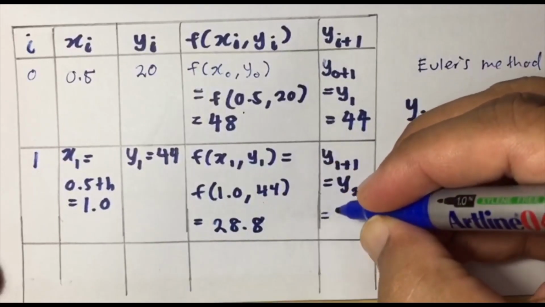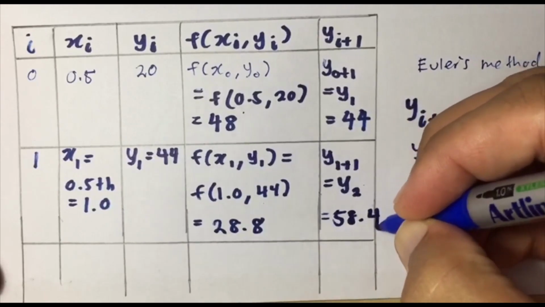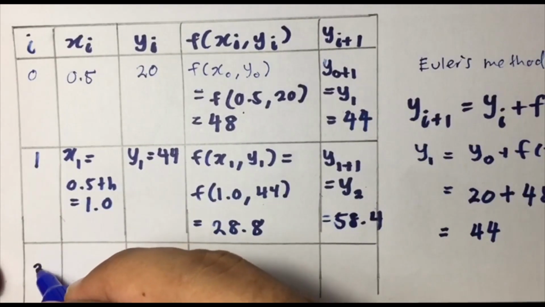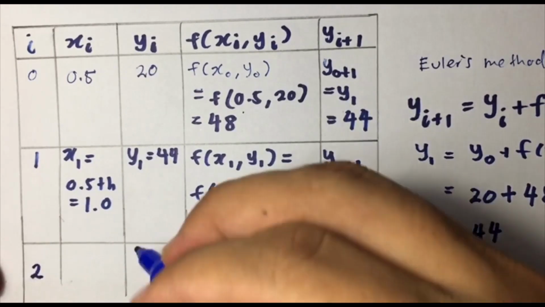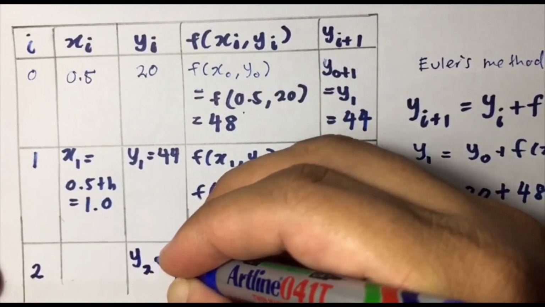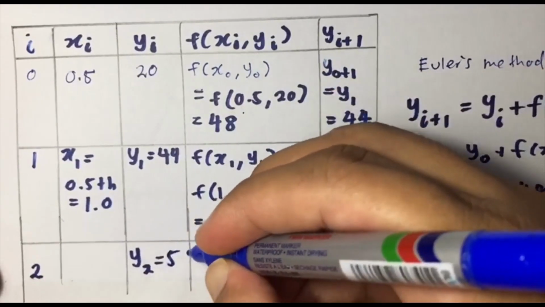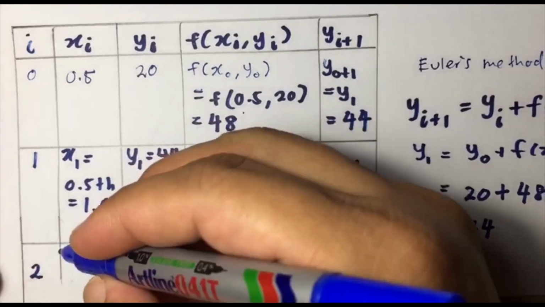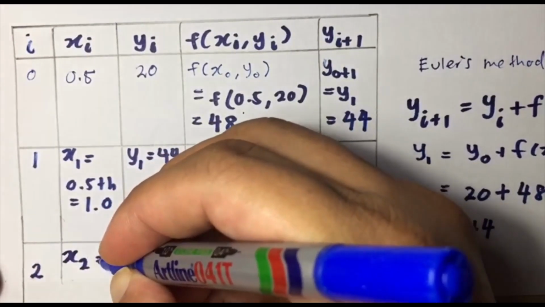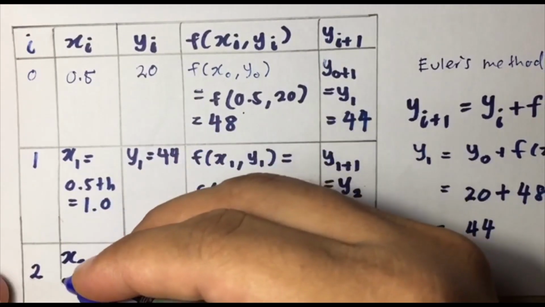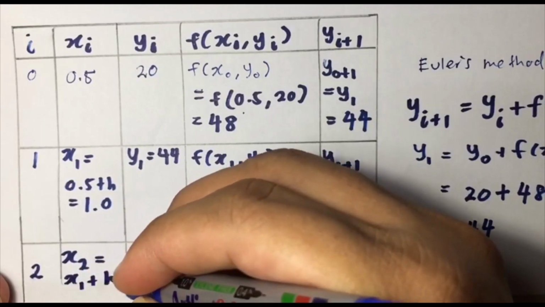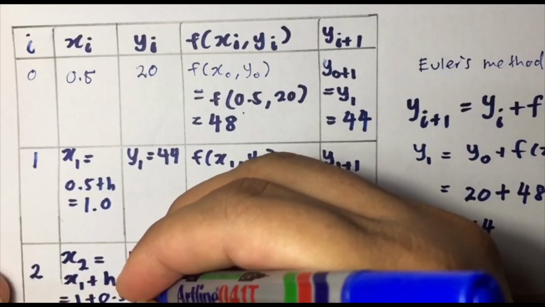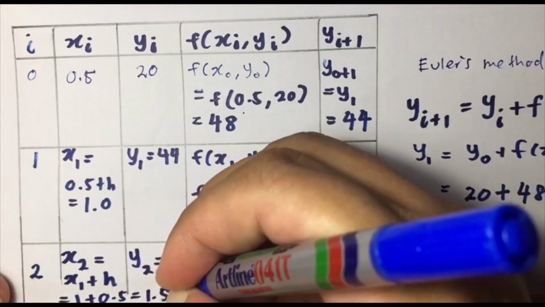So y_2 is also equal to 58.4. y_2 corresponds to x_2, which is, of course, x_1 plus h, equal to 1 plus 0.5, equal to 1.5.